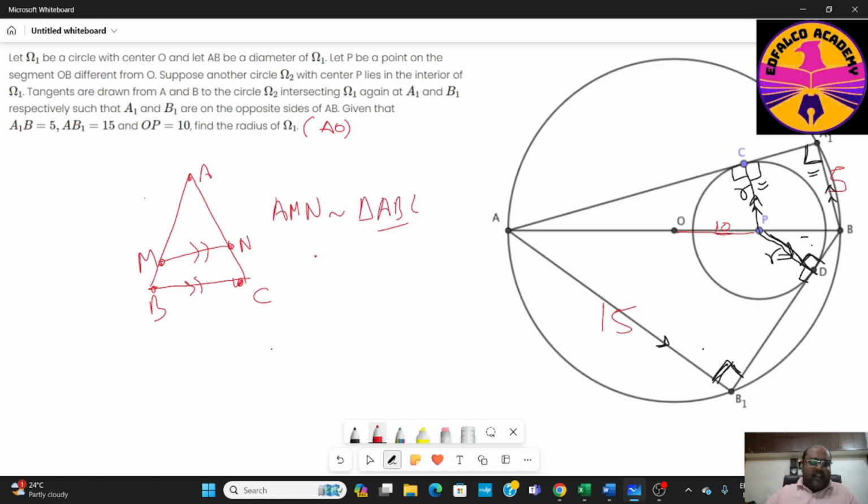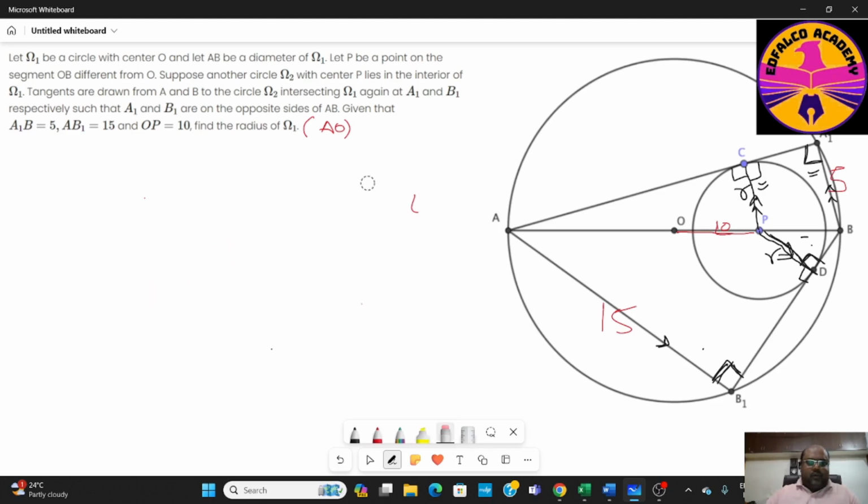And the moment we have that, we can write multiple ratios of similarity, like AM by AB equals AN by AC equals MN by BC, and so on. We will follow the same logic in these two triangles as well. So let's see what happens if we follow this logic in the triangles that we have.